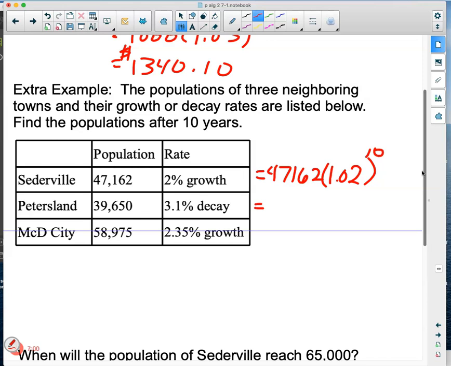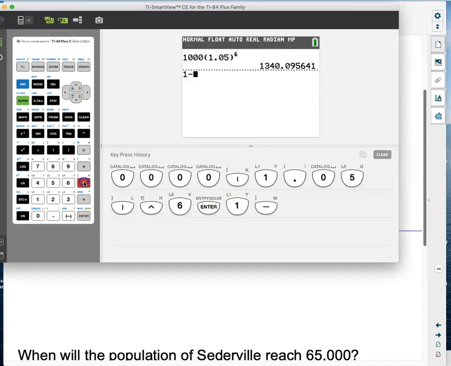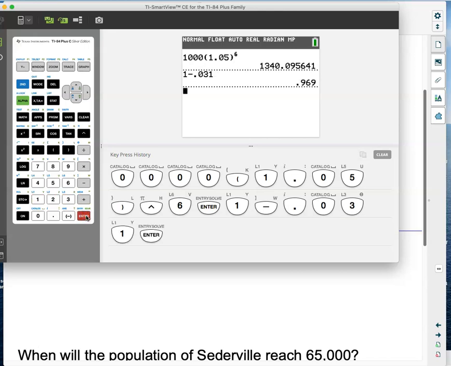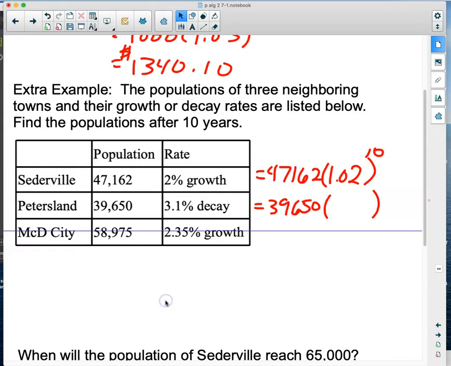Now, Peter's Land, that one is decay. So we've got 39,650 times, and we would want to take 1 minus, and then we have to be very careful, 0.031. So 0.969.